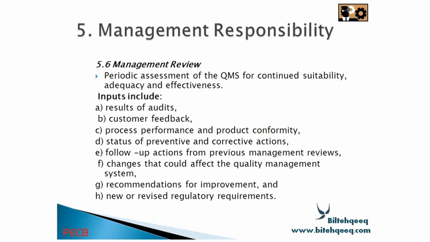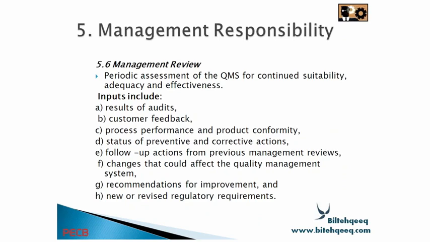5.6 is related to the management review: periodic assessment of the performance of the system for continued suitability, adequacy and effectiveness. The inputs for the management review include results of the audits, customer feedback, process performance and product conformity, status of preventive and corrective action, follow-up action from previous management reviews, changes that could affect the quality management system, recommendations for improvement, and new or revised regulatory requirements.